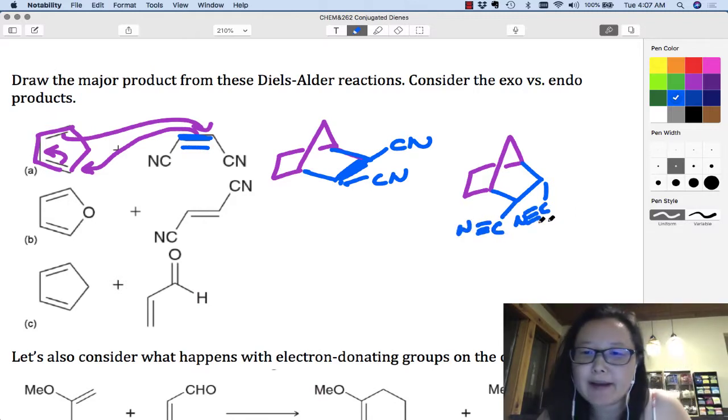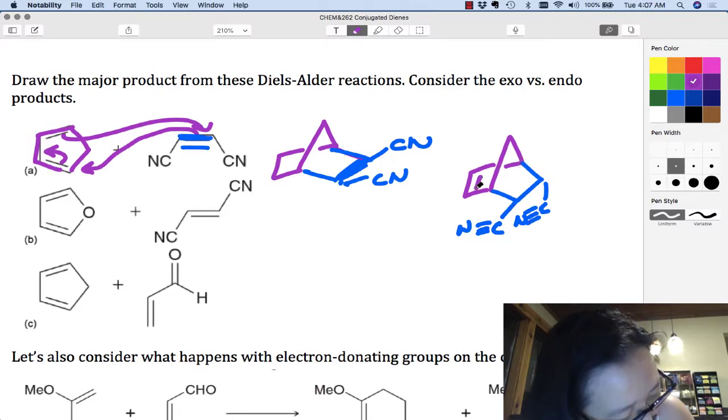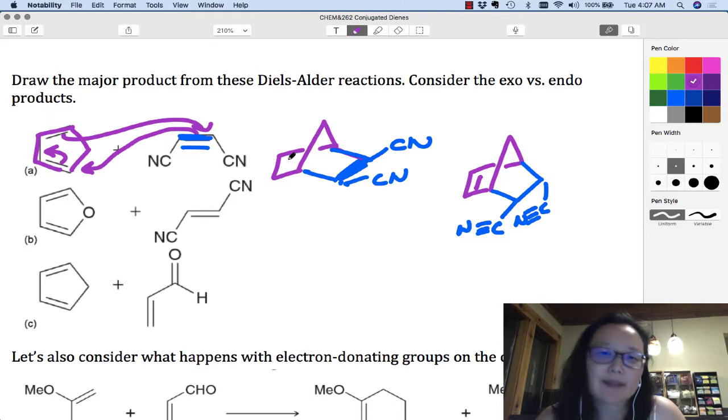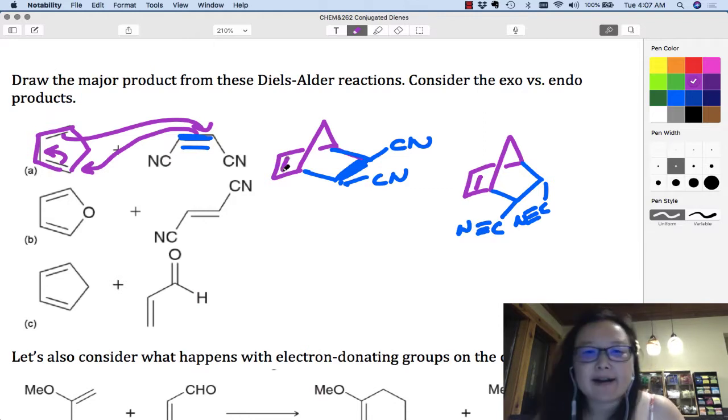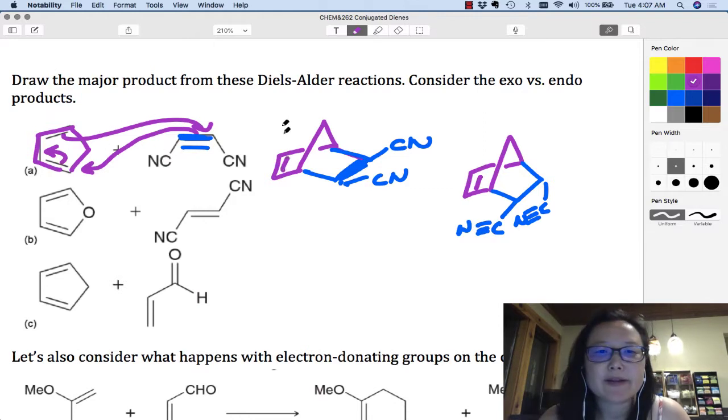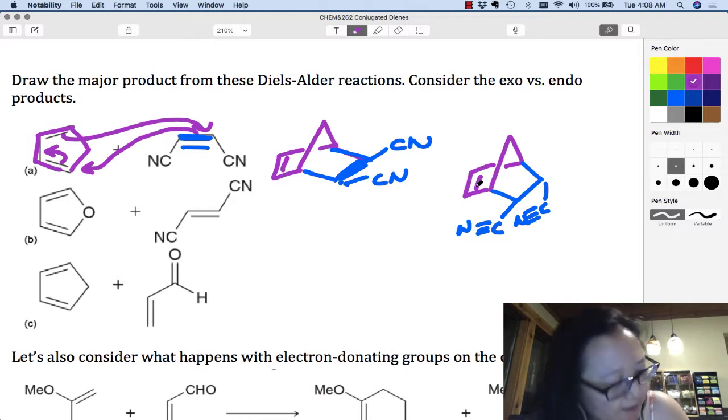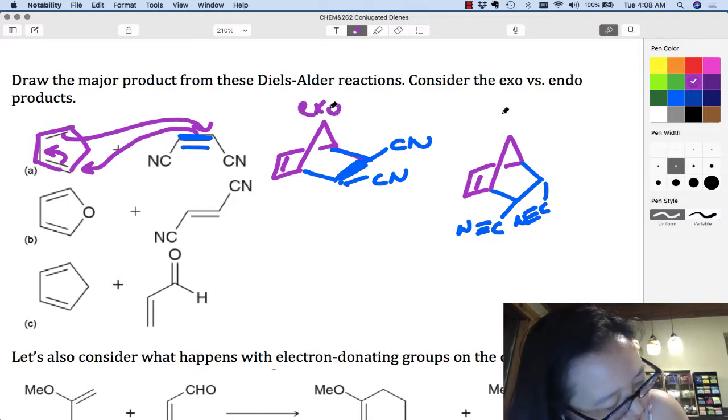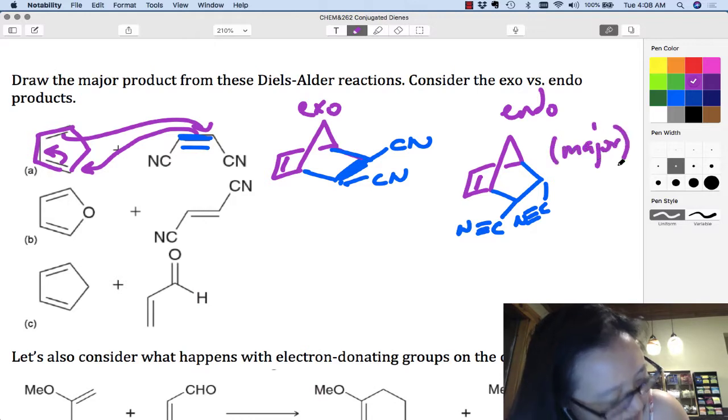See all these pi bonds in the cyanide groups are going to have a favorable overlap with the pi system that created the cycloaddition reaction. And let's not forget our pi bond from this right here. So this is my exo, this is my endo, and this will be my major product.